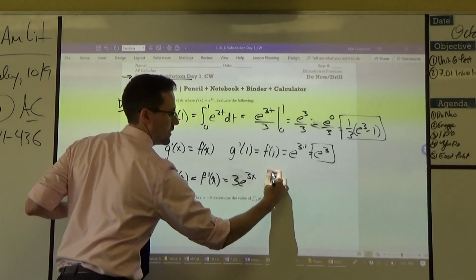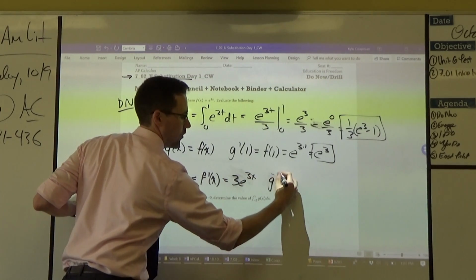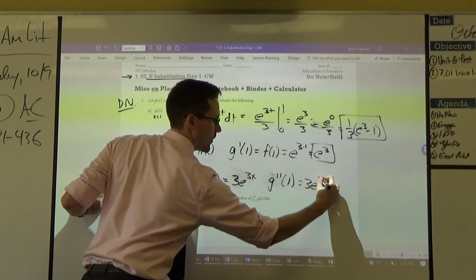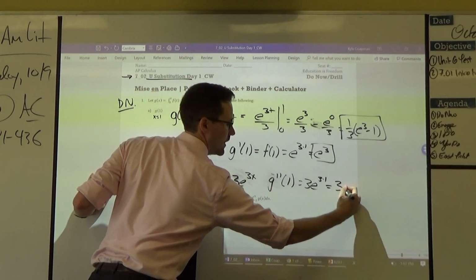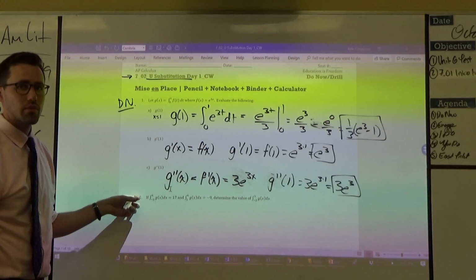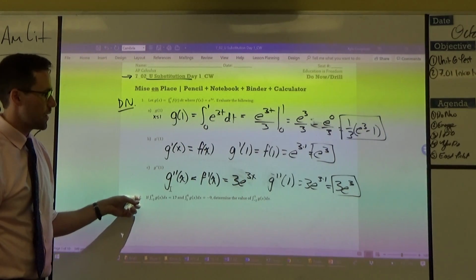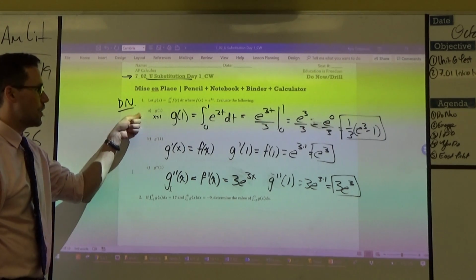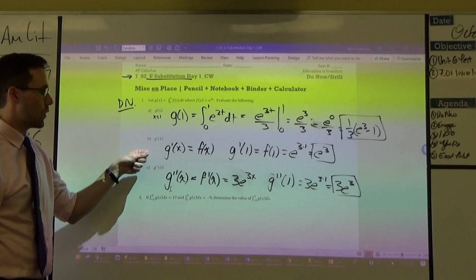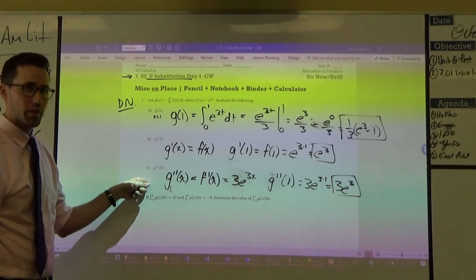So then if I find g double prime of 1, I get 3e to the 3 times 1. This becomes 3e to the 3. Those are the first 3 answers. Make sure you have those down and make sure you know why we're taking an antiderivative here, why this one's so straightforward, and then why we do need to take the derivative here.